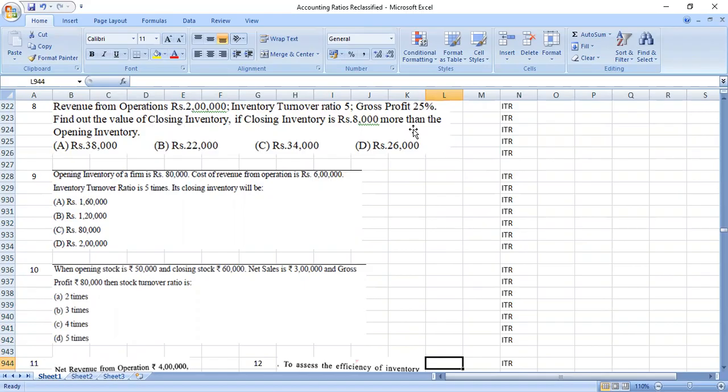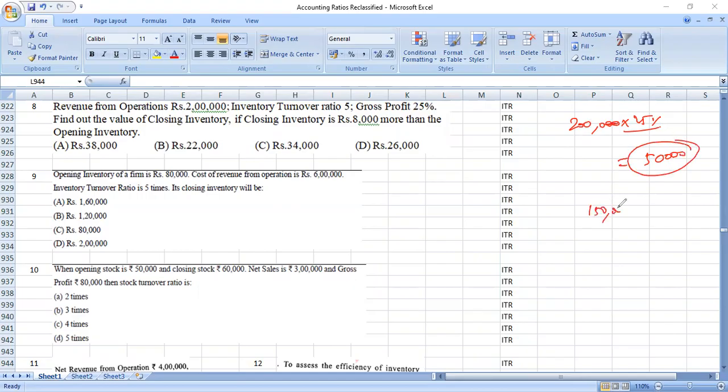Closing inventory is 8,000 more than the opening inventory. All right, good. They're saying gross profit ratio is 25%. So 2 lakh into 25% is your profit. 50,000 is your profit.